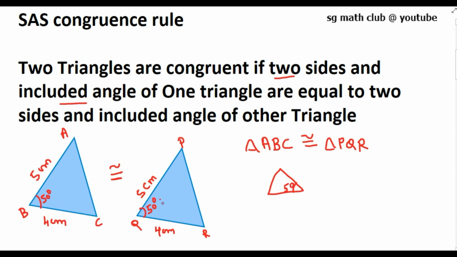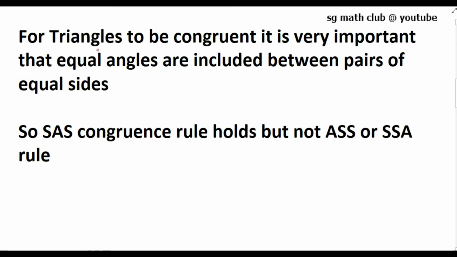The angle should come between the equal sides. So for triangles to be congruent, it is very important that equal angles are included between equal sides. So the SAS congruence rule holds, but not the ASS or SSA rule.